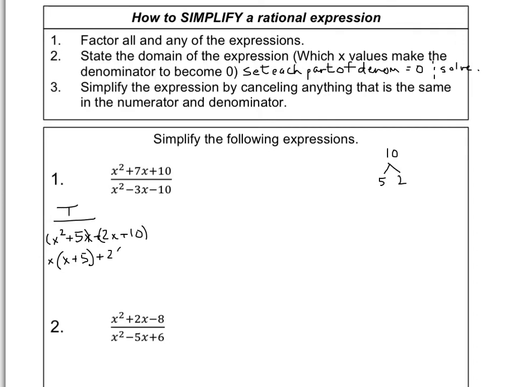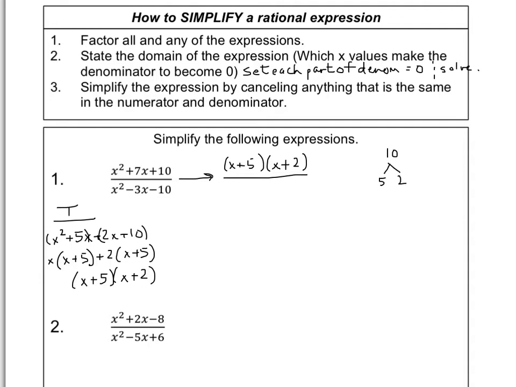Take out a 2, x plus 5 left over, and that's going to factor out to an x plus 5 and an x plus 2. So on the top, I have an x plus 5 and an x plus 2.